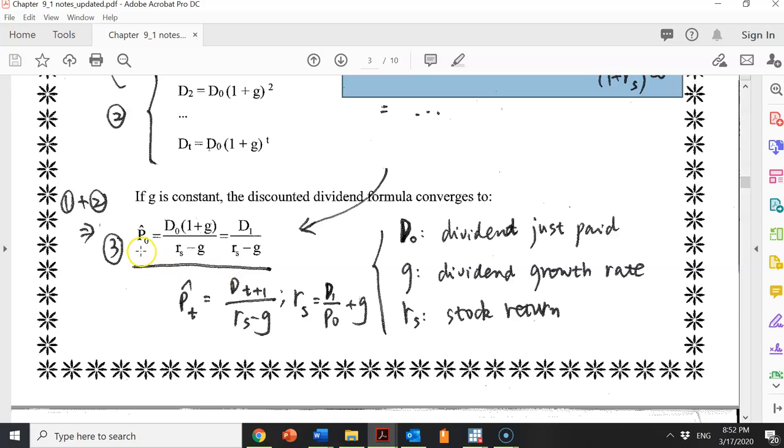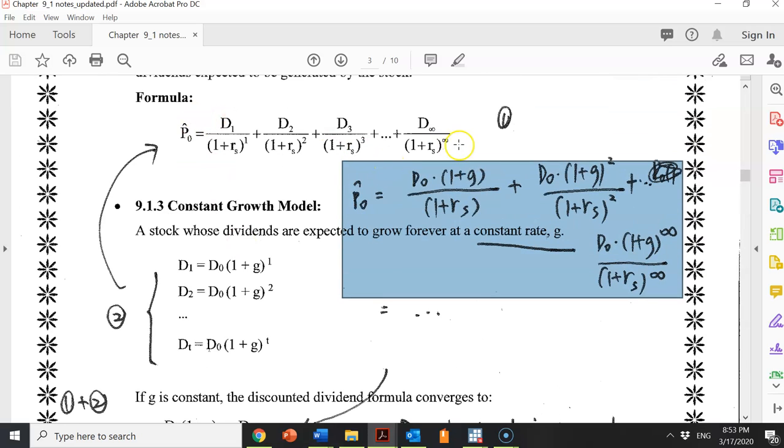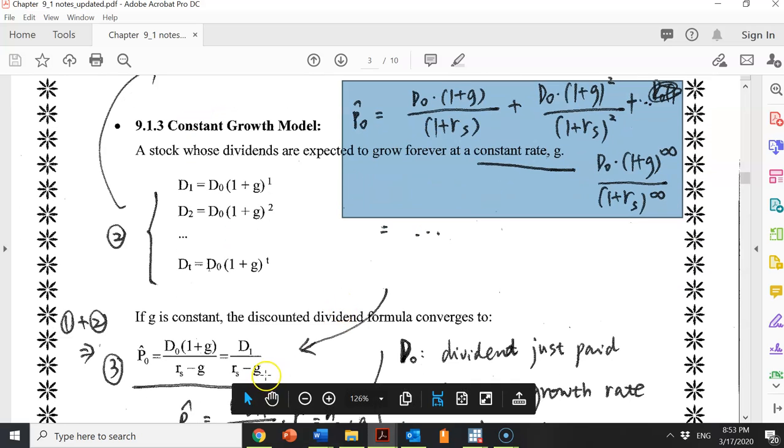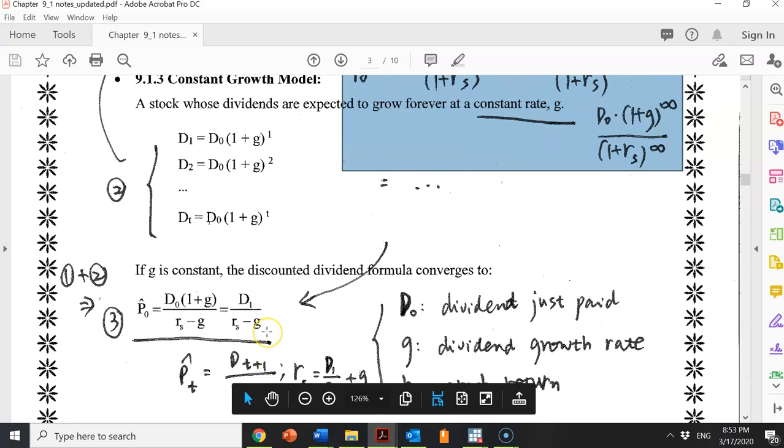P0 hat, the estimated stock price, would be equal to D0 multiplied by (1 plus g) over (Rs minus g), which is the same as D1 over (Rs minus g). So we simplify this long formula to this simple short one if we assume that all the dividends are growing at the rate of g.